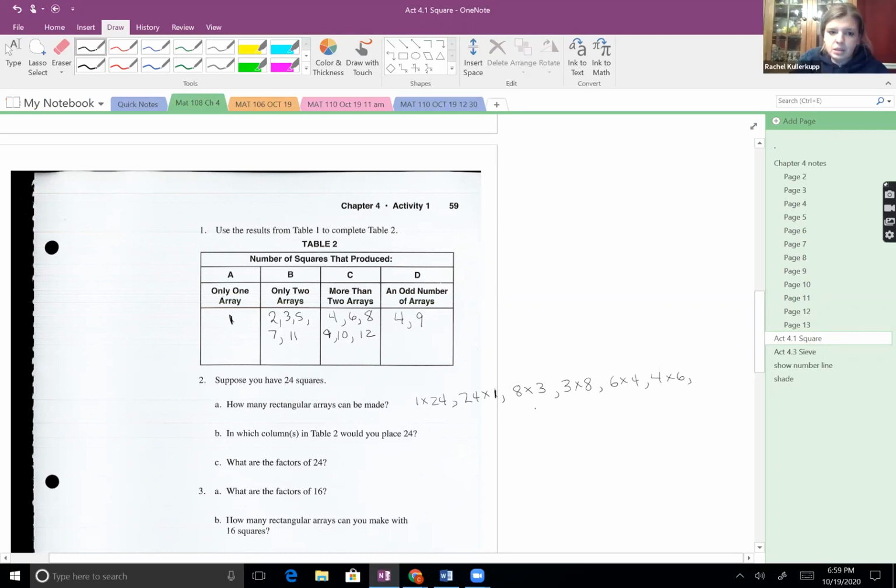How about 2 by 12, 12 by 2. So how many are there? 1, 2, 3, 4, 5, 6, 7, 8.